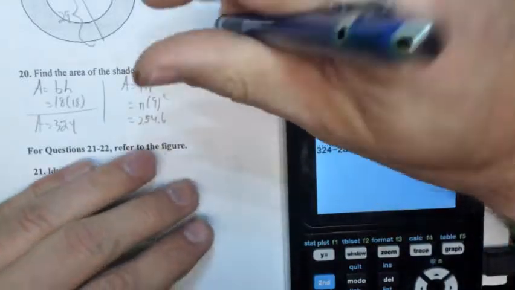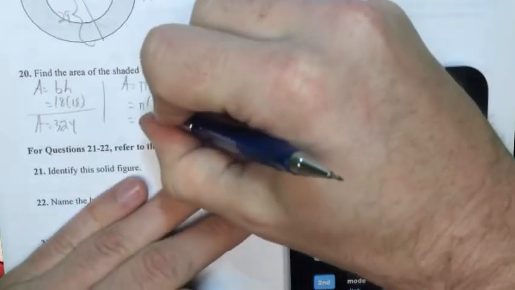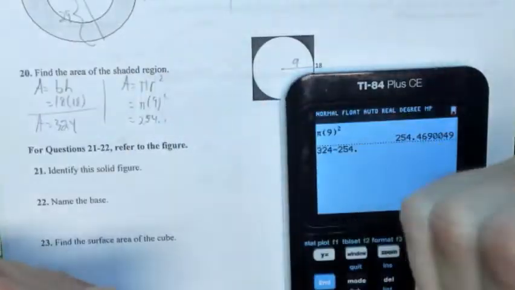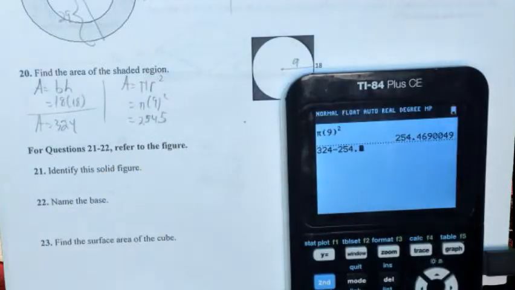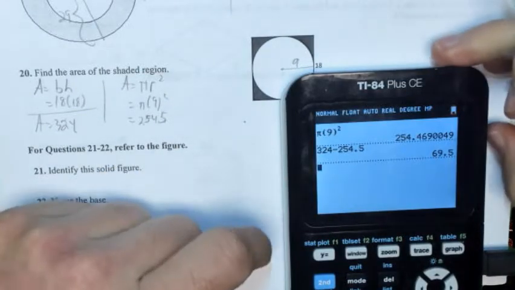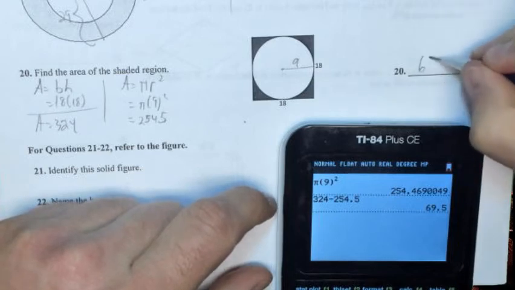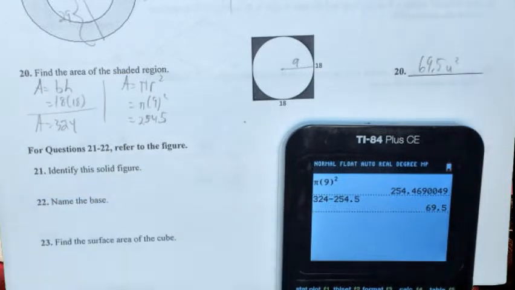Oh, that should have been a 0.5, not a 0.6. Sorry about that mistake. That gives me 69.5 units squared as my area of the shaded region.